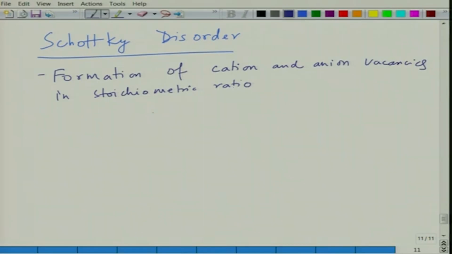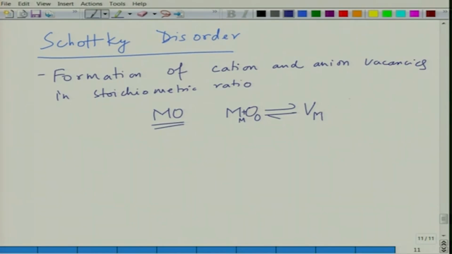So, if you have oxide MO, you can write this reaction as: you have one M and one O. You had M at the M site and O at the O site. They go out of the system.